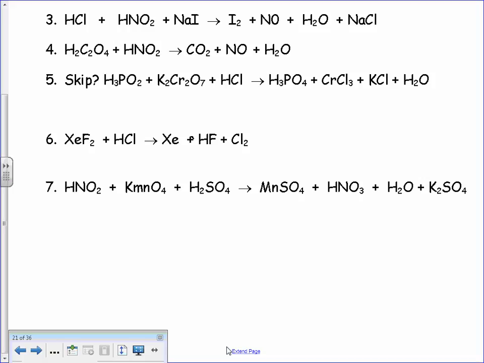I started with potassium. I saw 4 potassiums here, so I put a 4 over here for KCl. That made me have 4 chlorines, plus the chlorines already present here, so 4 times 3 is 12, plus 4 is 16. So there are 16 chlorines on this side. Over here, the only chlorines present are in the HCl, so immediately I applied the 16 coefficient there. Then I had 16 H's, so I had to balance the H's on that side.